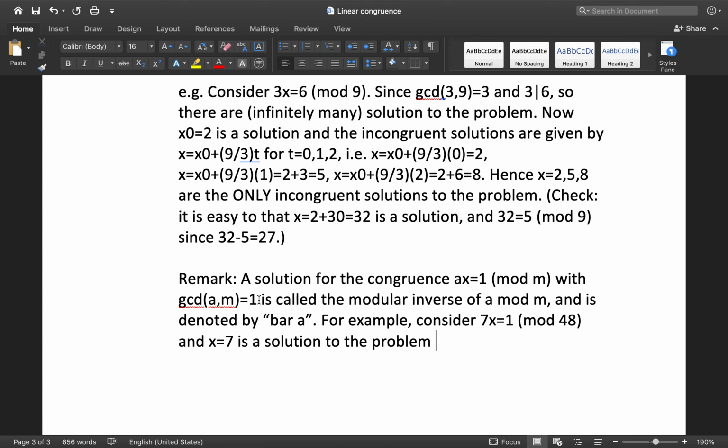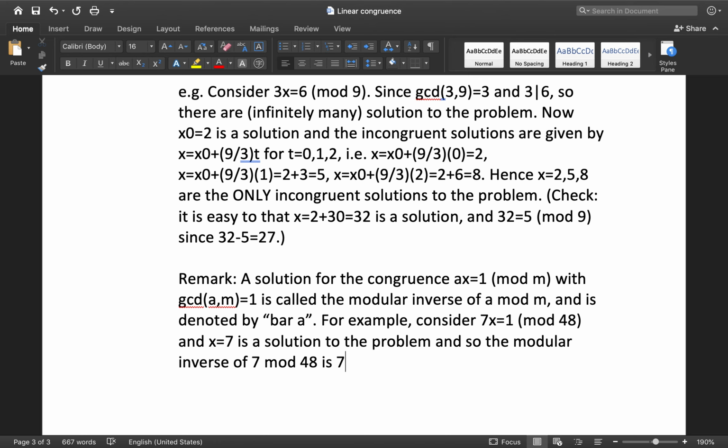Any other solution will be congruent to 7. So the modular inverse of 7, you have to specify what congruence you're taking, modulo 48, is 7 again. So 7 has inverse equal to 7, which is itself.